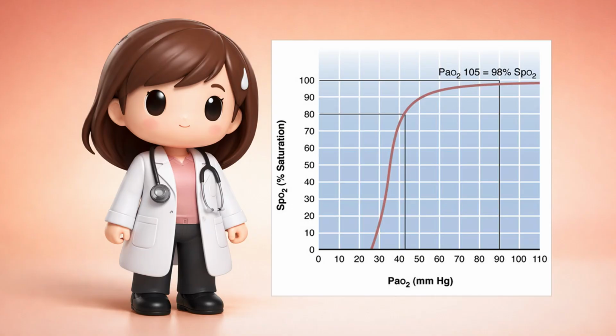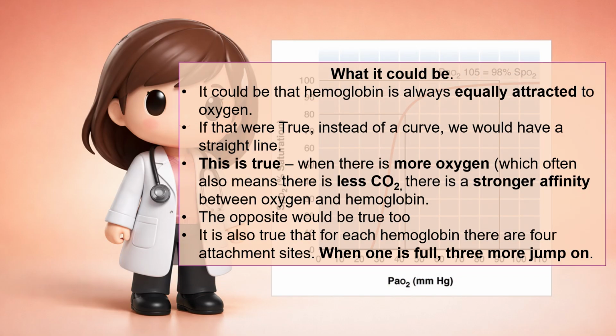And since we have hemoglobin, when we make the oxyhemoglobin dissociation curve, it has an S shape. What we want to know is, if hemoglobin was always attracted equally all of the time, 1 for 1, this line should be just a straight diagonal line from corner to corner.